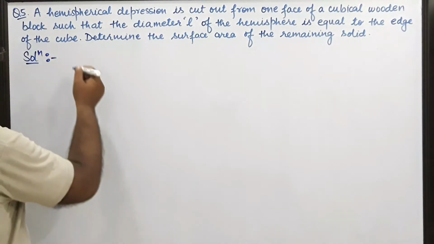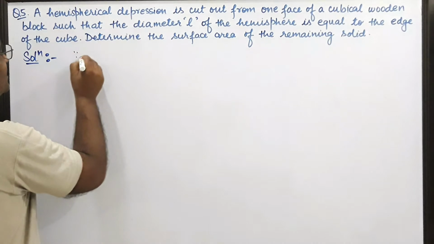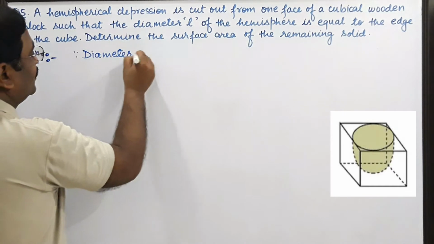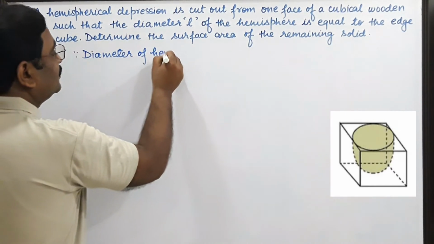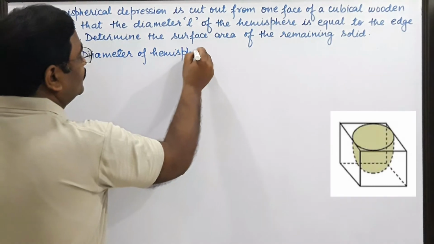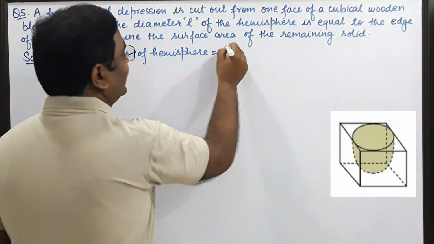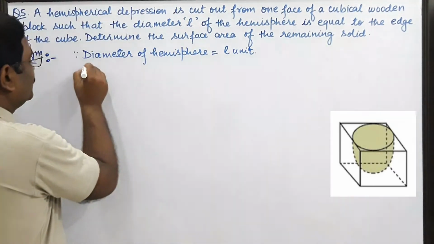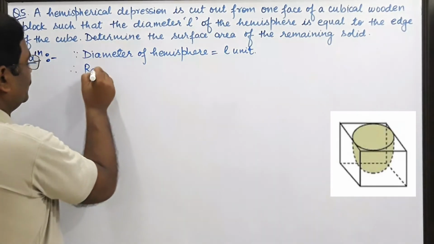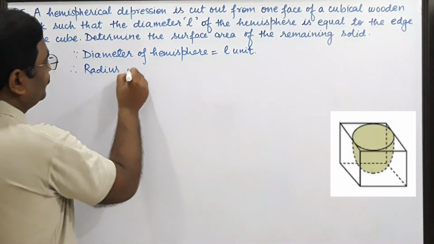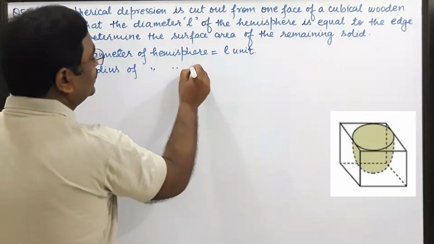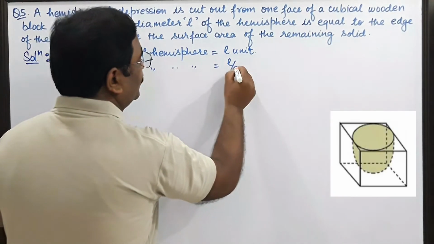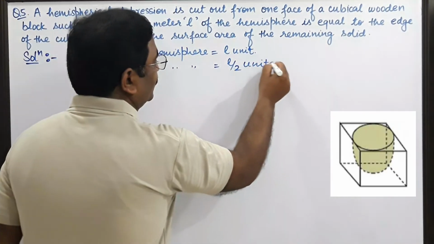Right, as it is given, the diameter of the hemisphere is equal to L unit. Therefore the radius of the hemispherical part will be L upon 2 unit, right?